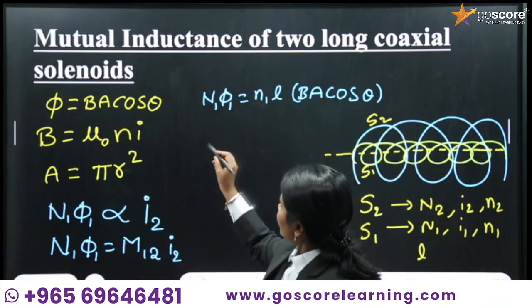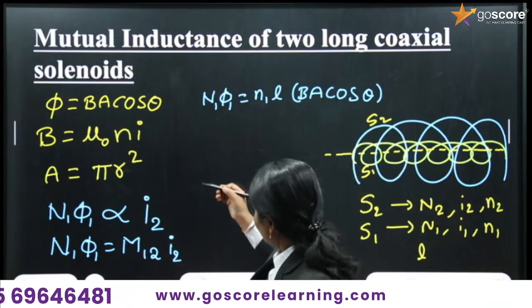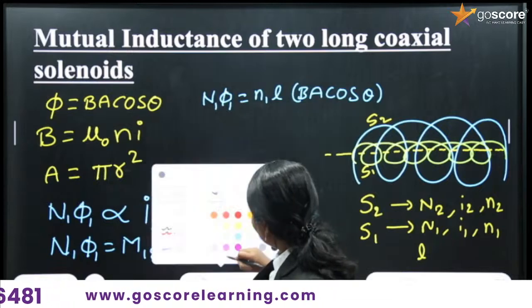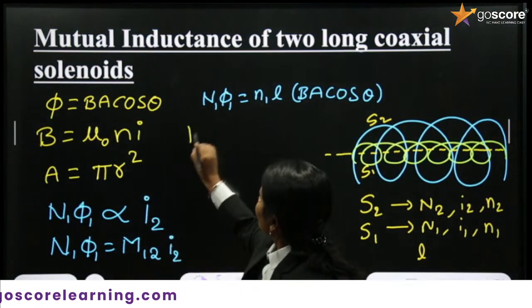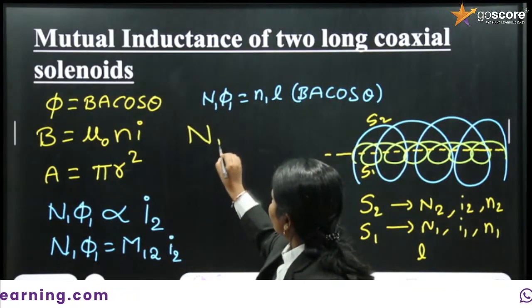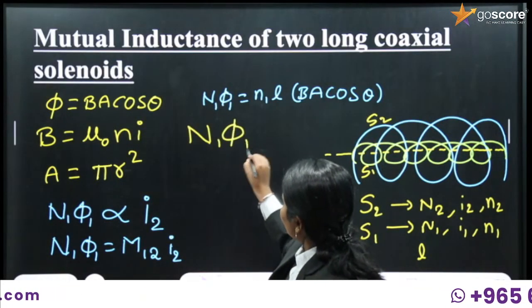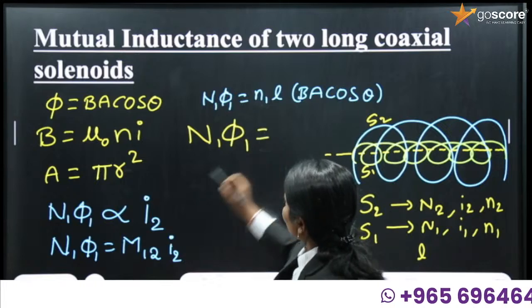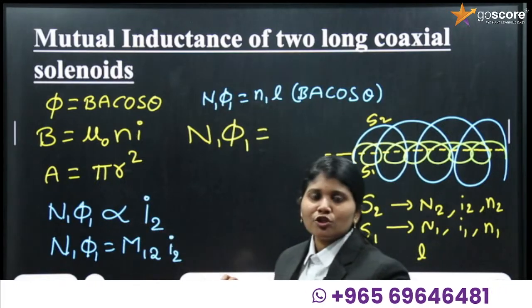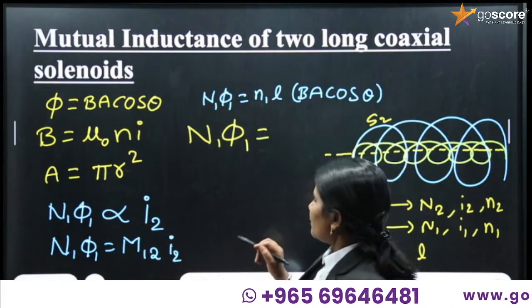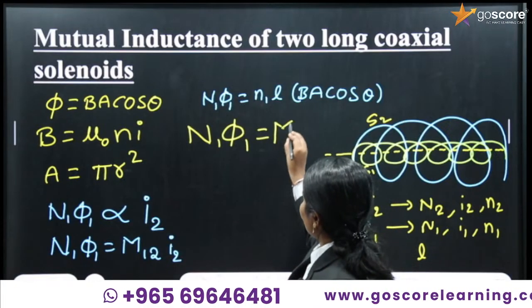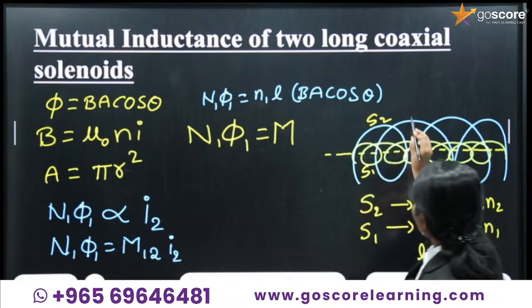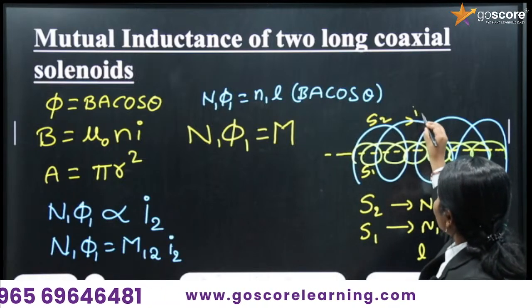What is the equation, guys? N1 phi 1 is proportional to the current I2. Here the proportionality constant I consider as M, with I2 here.